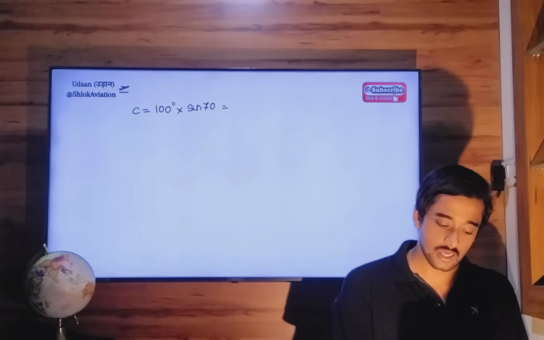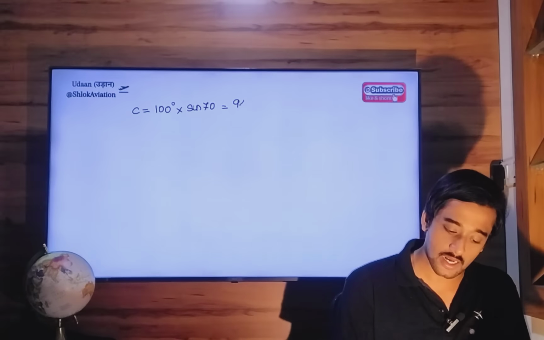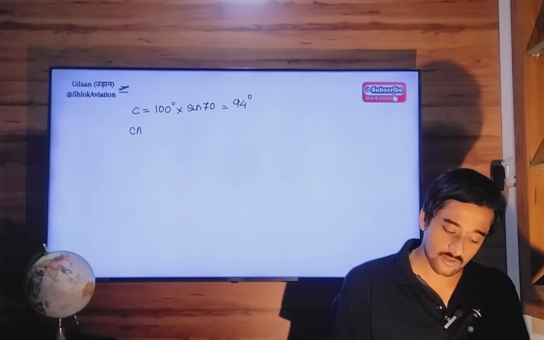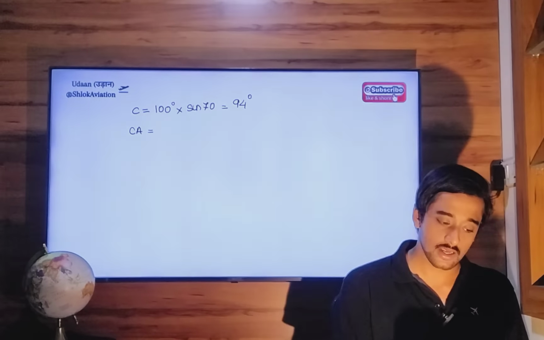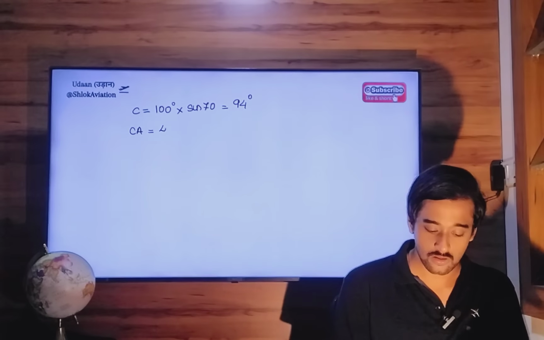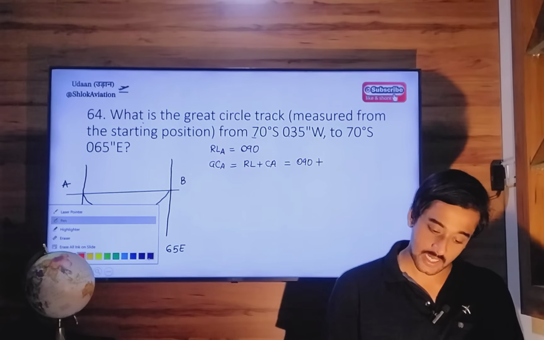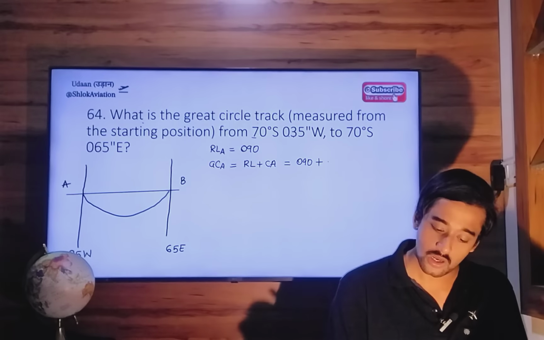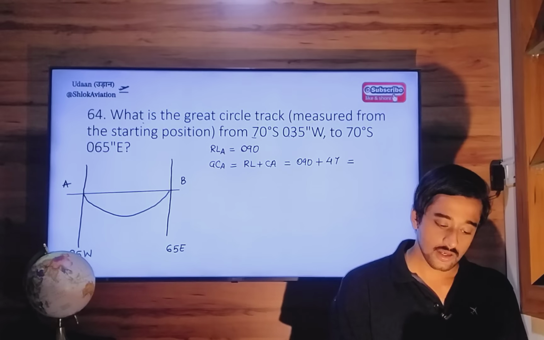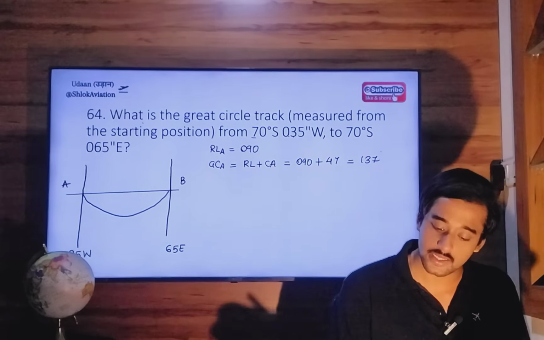So sine 70 into 100 is 93 degree 58 minutes or 94 degree. Convergency angle will be half of that, that is 47 degrees. Okay, so great circle track will be equal to 090 plus 47. So 90 plus 47 is 137 degrees.